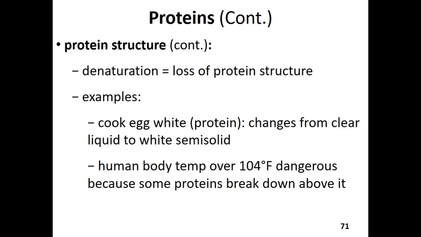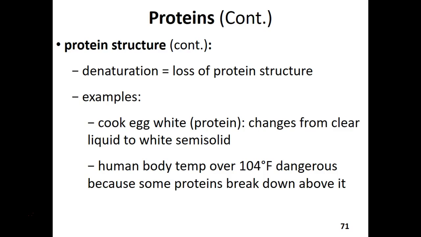The clear fluid turns into a white, rubbery, semi-solid substance. That is the albumin protein still, but it's changed in structure, and so it no longer has the same function.